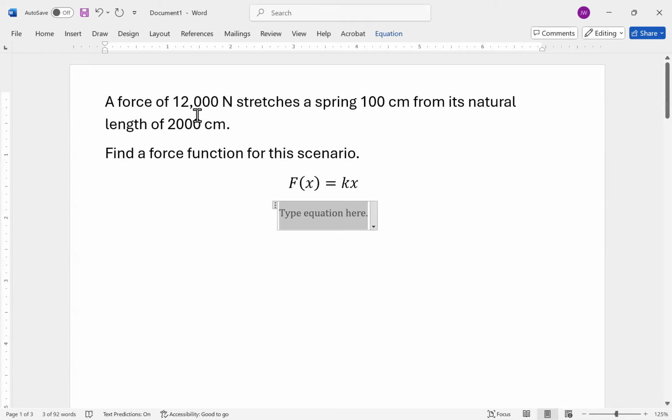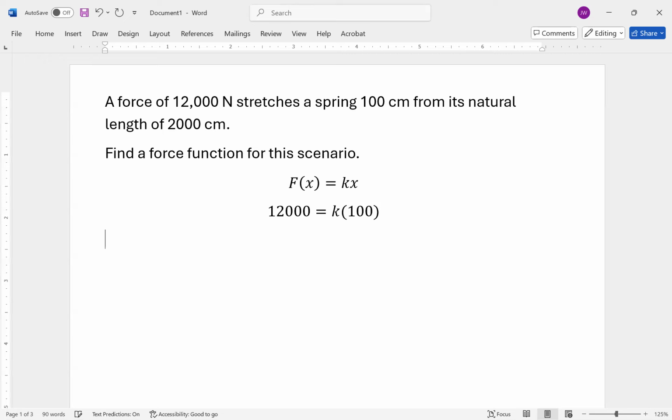It says the force of 12,000 newtons stretches the spring 100 centimeters from its natural length of 2,000. So its natural length is 2,000, but the amount of stretch is 100 centimeters.